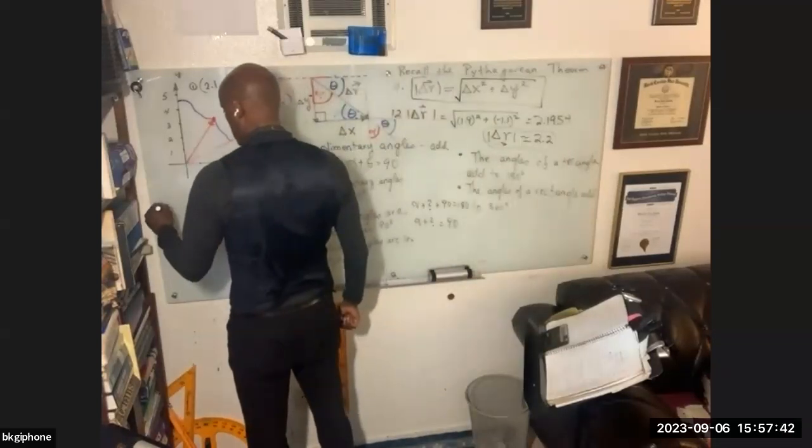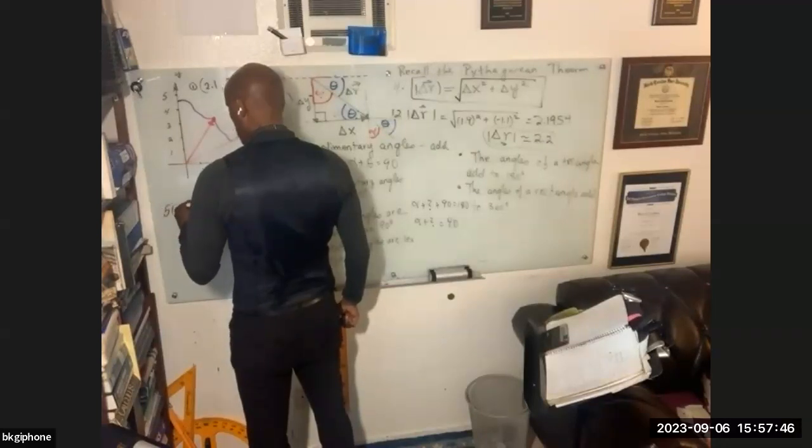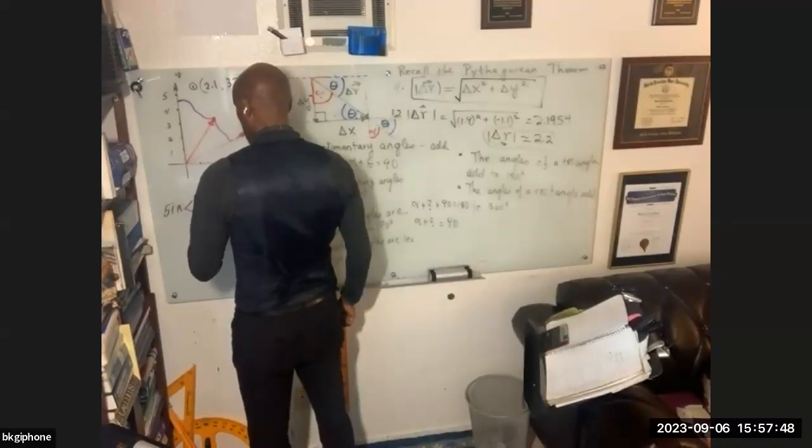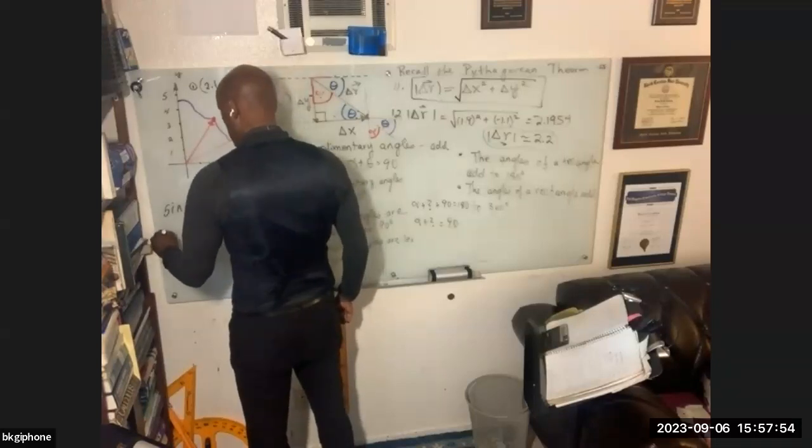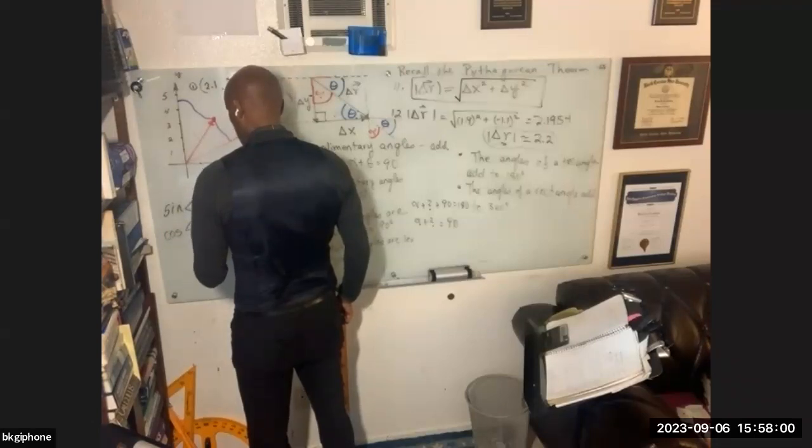So sine of an angle is equal to opposite side over hypotenuse. Cosine theta is equal to adjacent over hypotenuse.